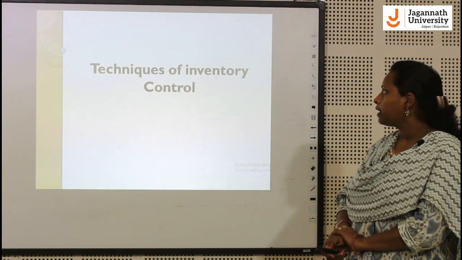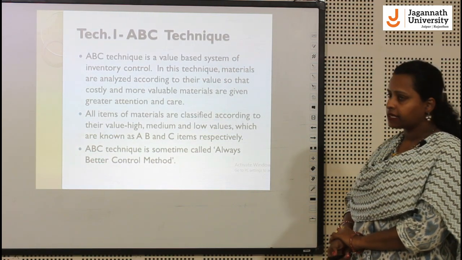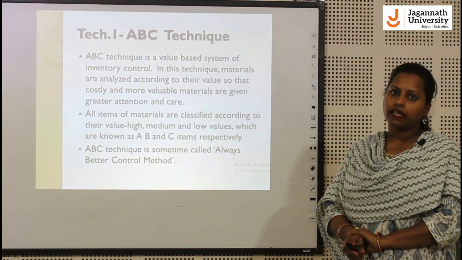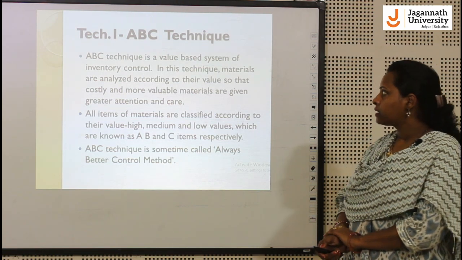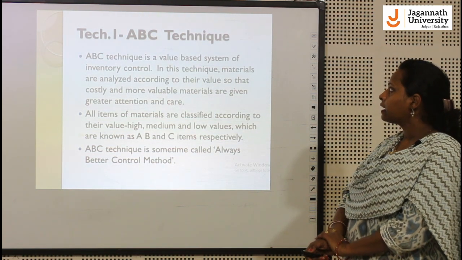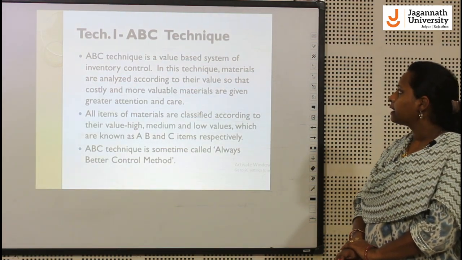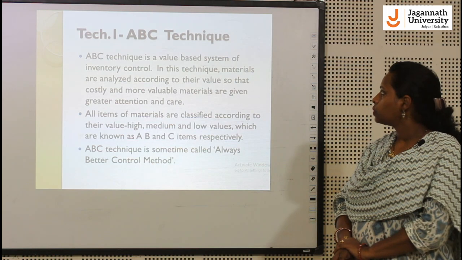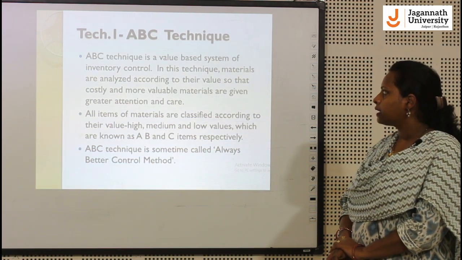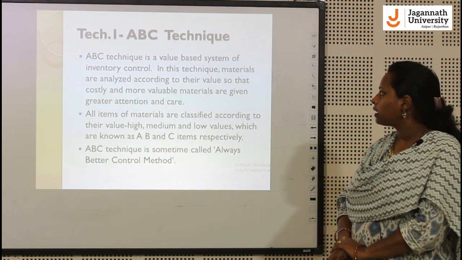So here are the inventory control techniques. The first technique of inventory control is the ABC technique. This is a very familiar technique of inventory control. The ABC technique is a value based system of inventory control. In this technique, materials are analyzed according to their value so that costly and more valuable materials are given greater attention and care.